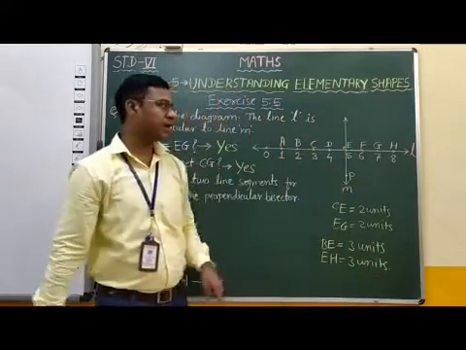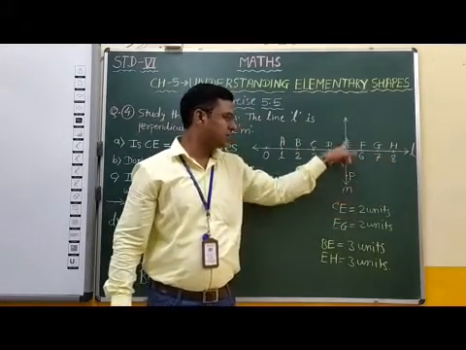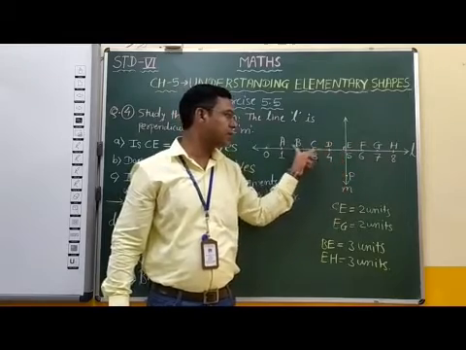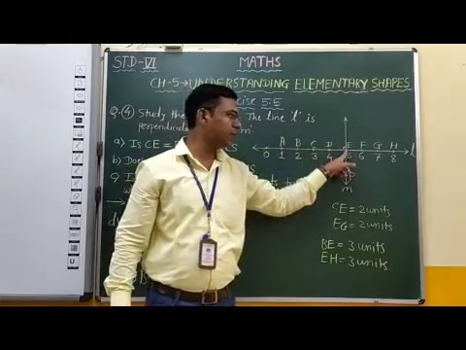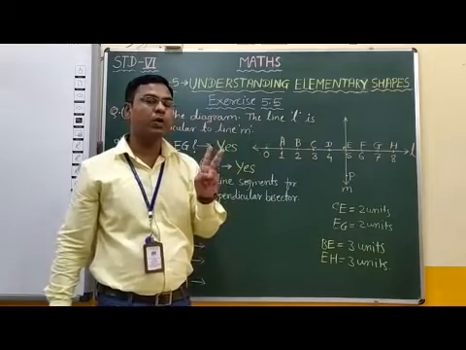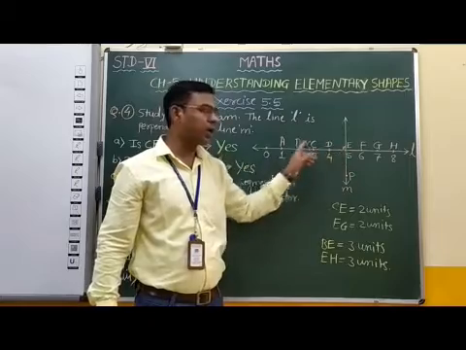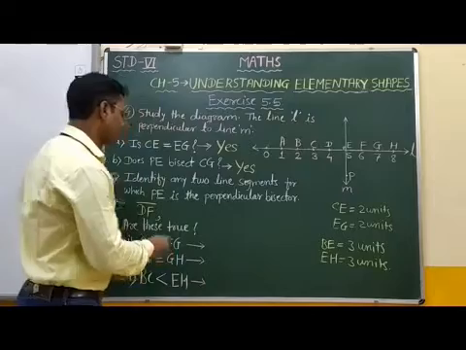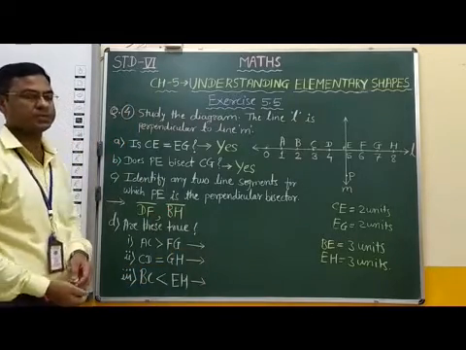Therefore, for this line segment BH, the line PE divides it into two equal parts, BE and EH. Therefore, PE is the perpendicular bisector of line segment BH. The second answer is line segment BH.